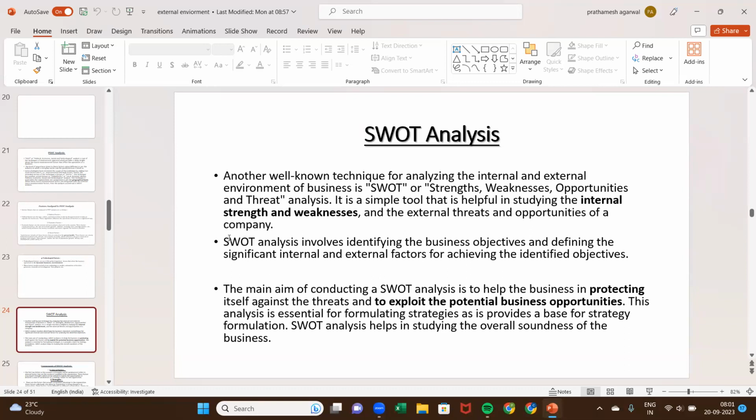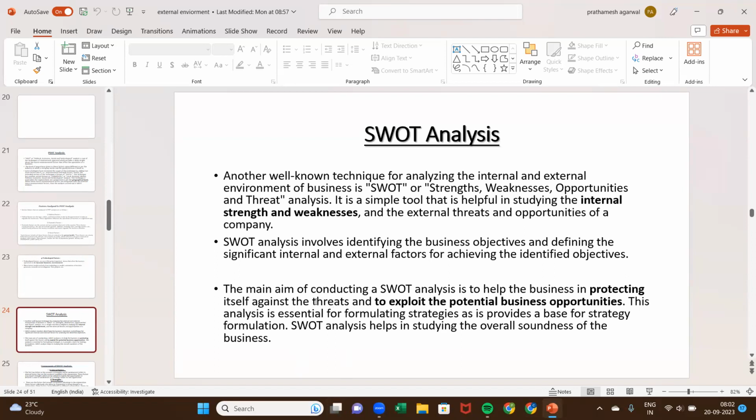So what is SWOT analysis doing? It is identifying the business objectives and defining the internal and external factors so that the final objectives can be achieved.